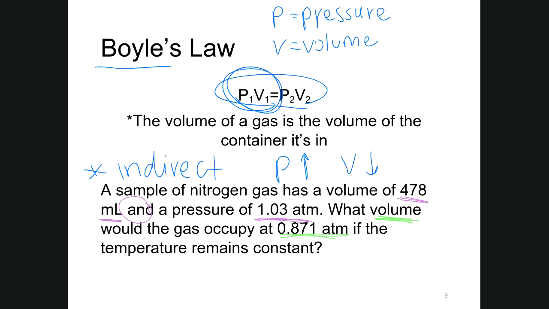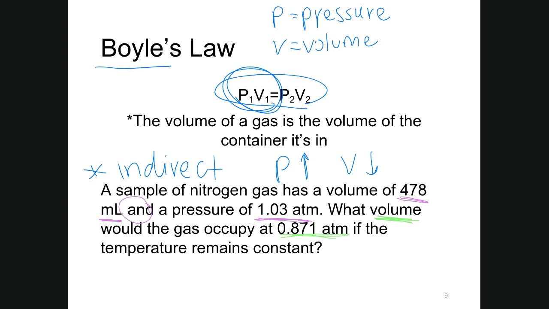So here we can plug in our information. We know what our P1 is, the 1.03. We know what V1 is, 478. And we know what P2 is, 0.871. And since our pressures are already in the same unit, we know that we don't have to do any kind of special conversions or anything, so we just plug in.